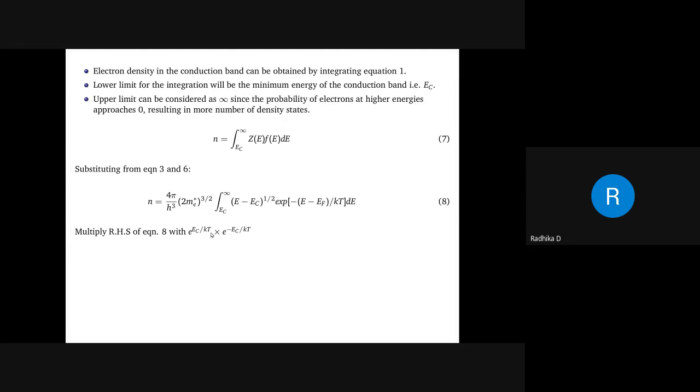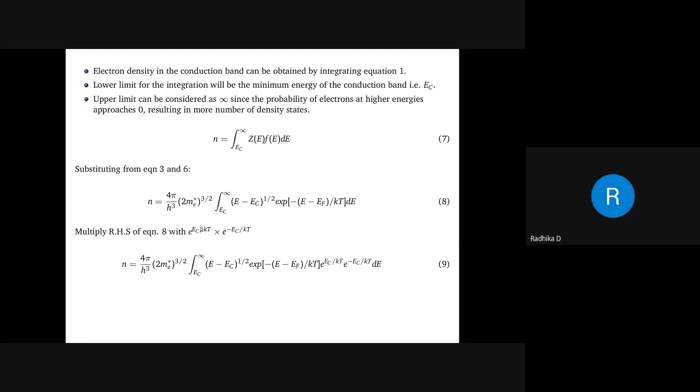Once you do that, all these things will come within the integral. So it looks like this: 4 pi by h cube 2 m e star raised to 3 by 2 remains as it is. Integral EC to infinity as it is, E minus EC to the power of half, exponential minus of E minus EF by kT again there.